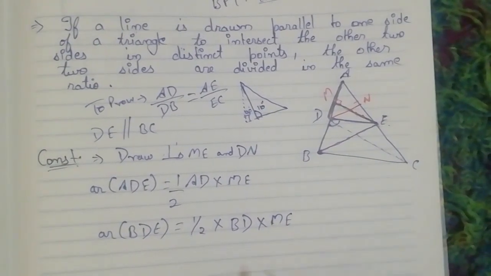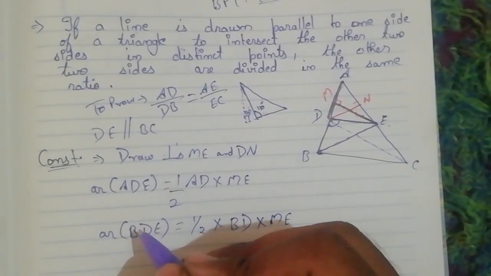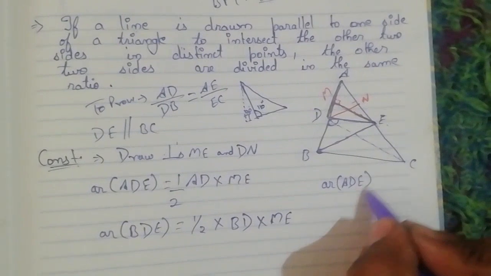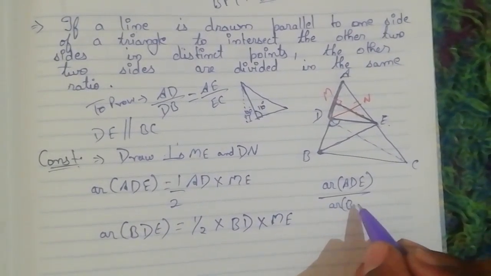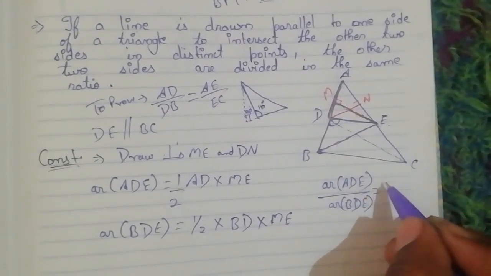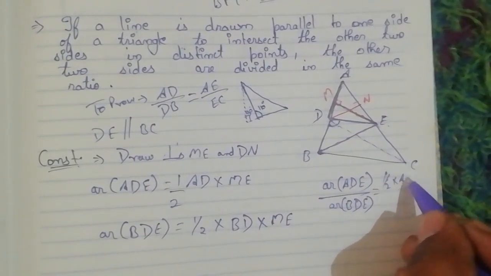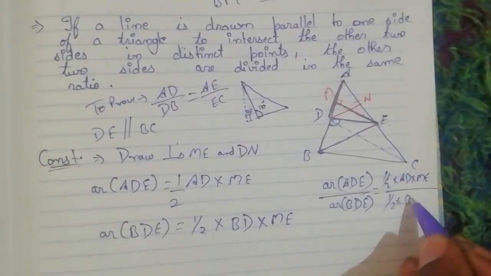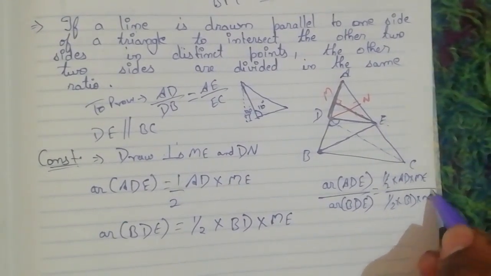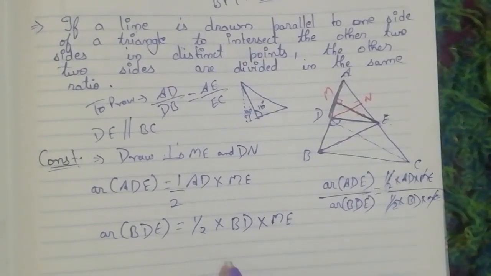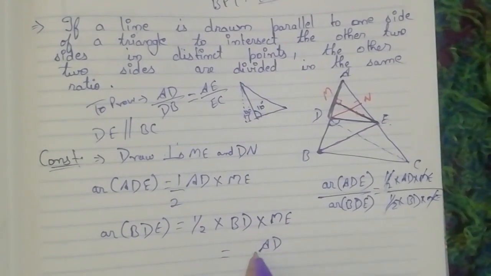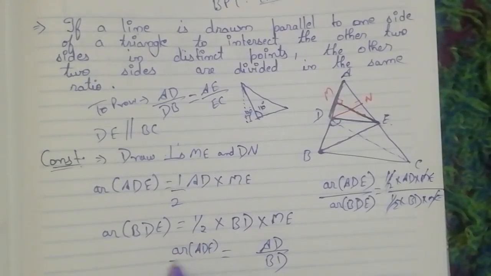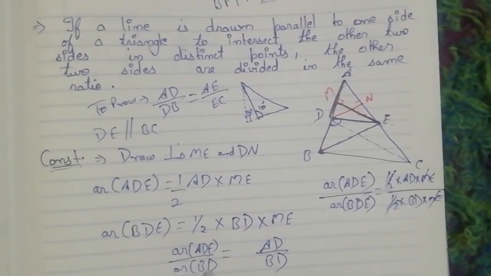So if we divide both of them, area of ADE divided by area of triangle BDE, it is 1 by 2 into AD into ME, and it is 1 by 2 into BD into ME. So 1 by 2 and ME will cancel out, and from here we have AD upon BD is equal to area of triangle ADE upon area of triangle BDE.